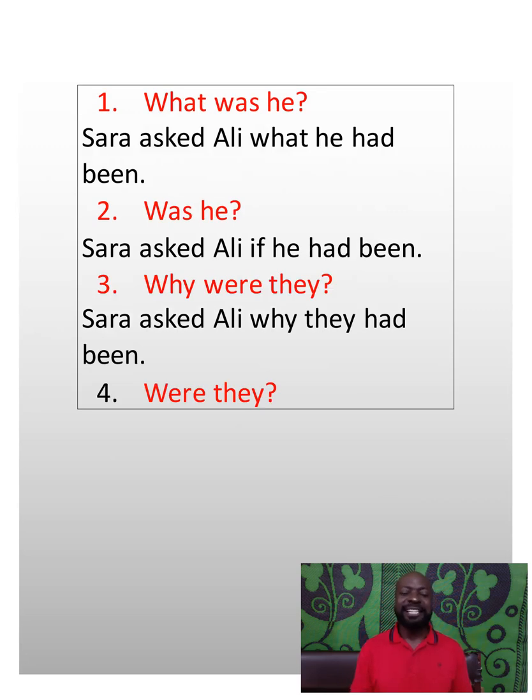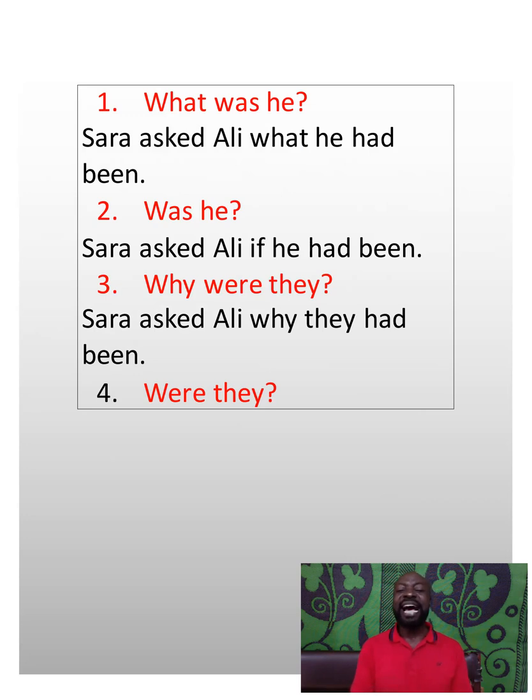What was he? Sarah asked Ali what he had been. Remember, was changes to had been. But in the question, you have to jump. Number 2, was he? Sarah asked Ali if. There is no WH, so we use if or whether.